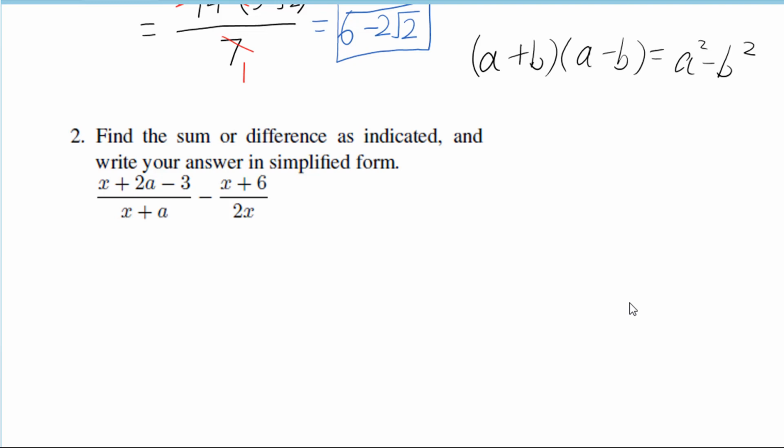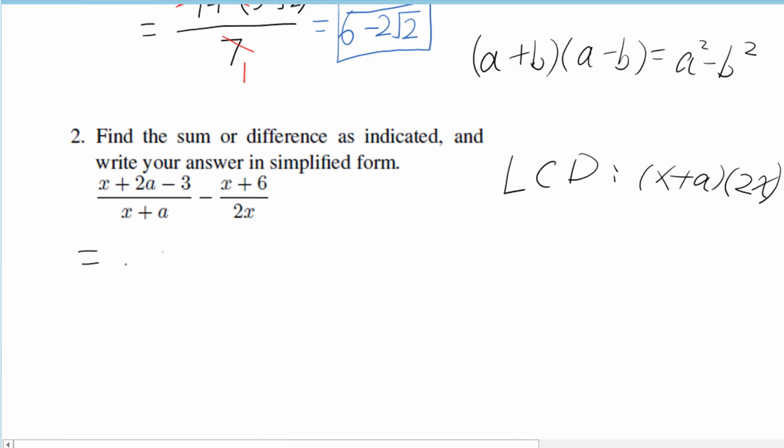First of all, we need to figure out the common denominator. That's the LCD. That will be x plus a times 2x.